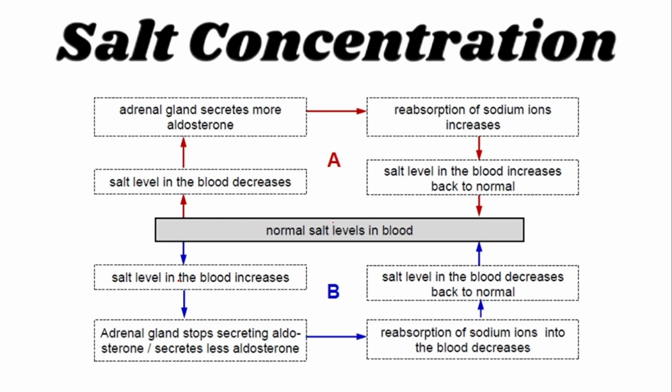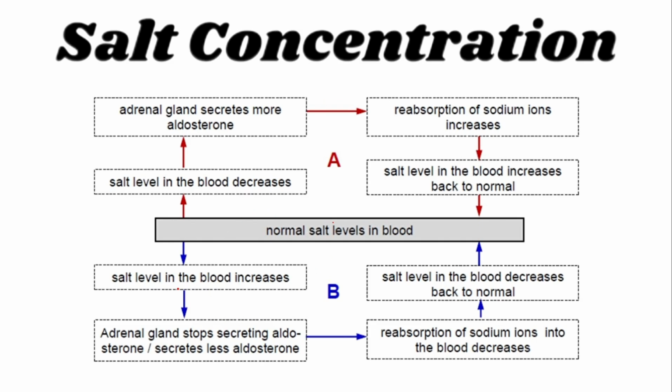So salt levels, let's start with if they increase. Increased salt in our blood will result in the adrenal gland stopping secreting aldosterone, or it will secrete less aldosterone, because already there's too much salt. There's an increase of salt in the body. So now remember, aldosterone is basically a hormone that is secreted for more salt to enter your blood, okay?